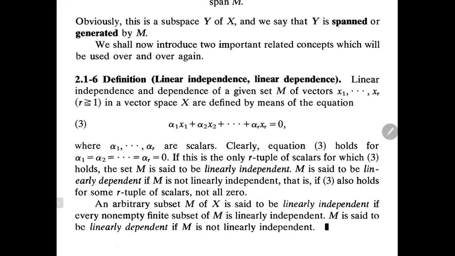Then linear independence of a set of vectors.